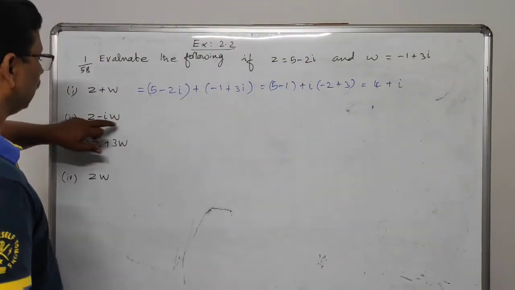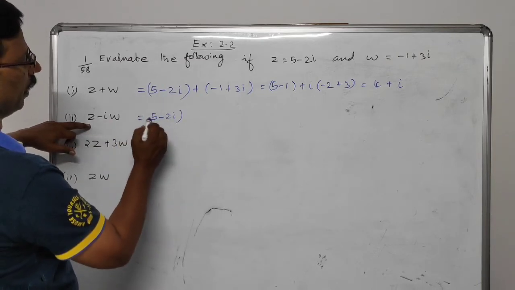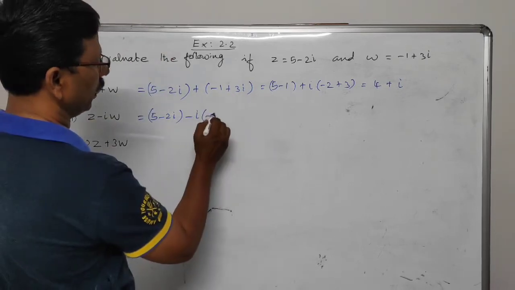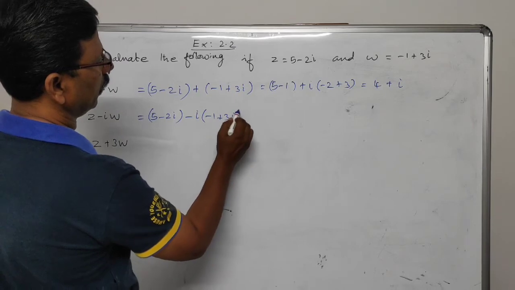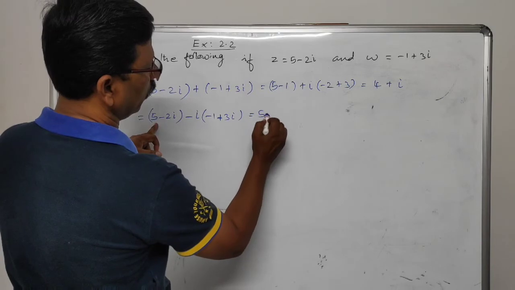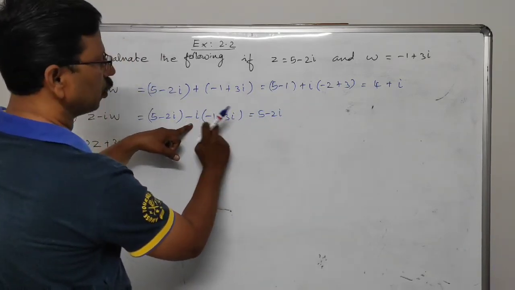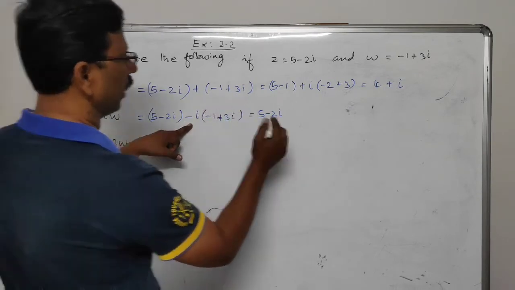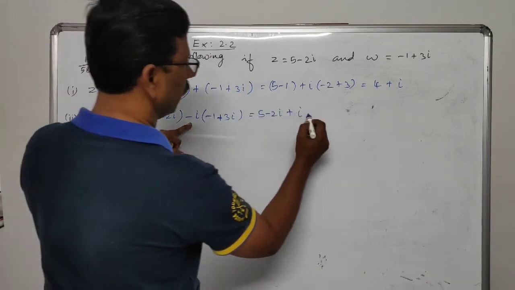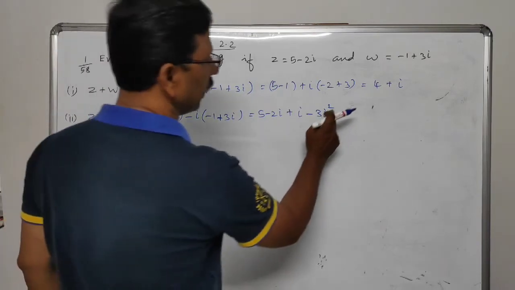Now let us see z minus iw. z equals 5 minus 2i, then minus i into the w value, which is minus 1 plus 3i. As usual, first you keep 5 minus 2i as such. Then you multiply this i inside with this term: minus into minus gives plus i. Then minus into plus gives minus 3i square. Now, we know that i square is minus 1.